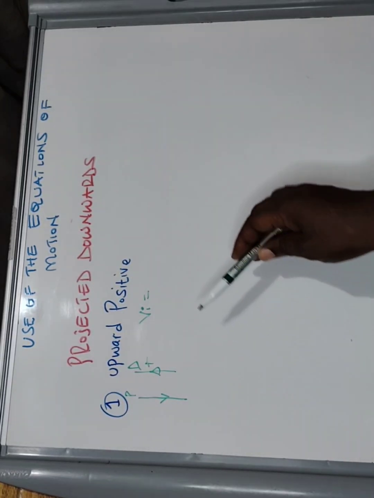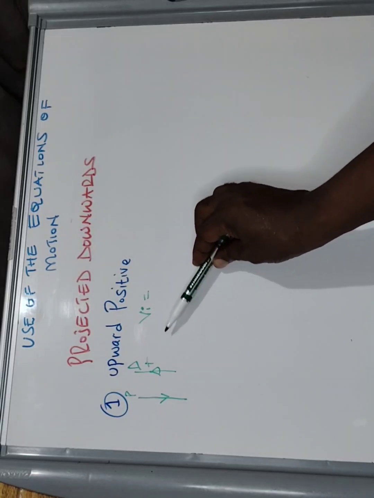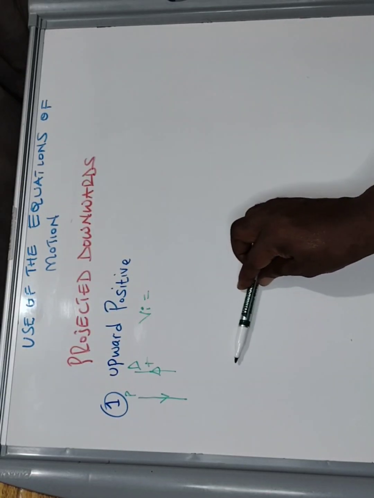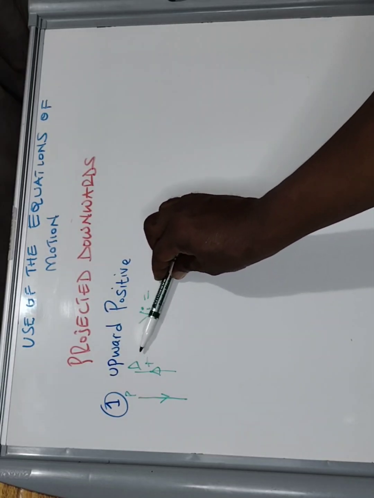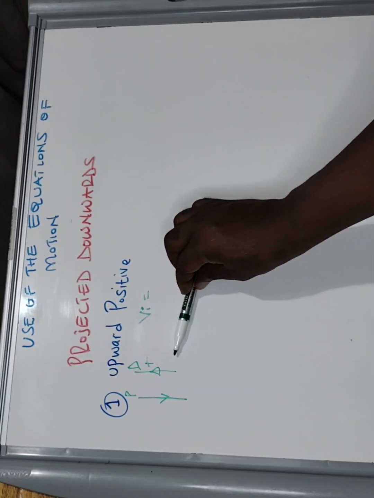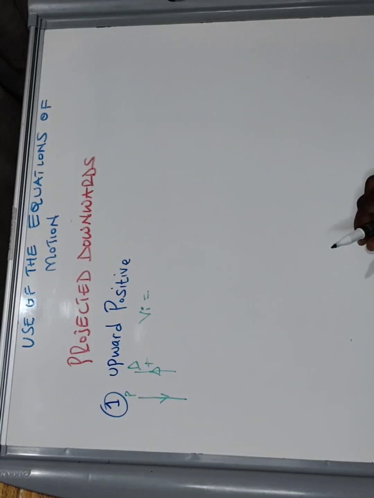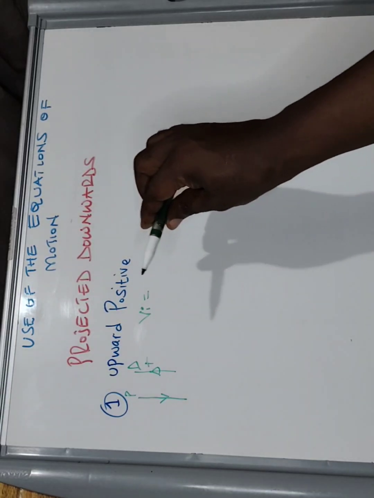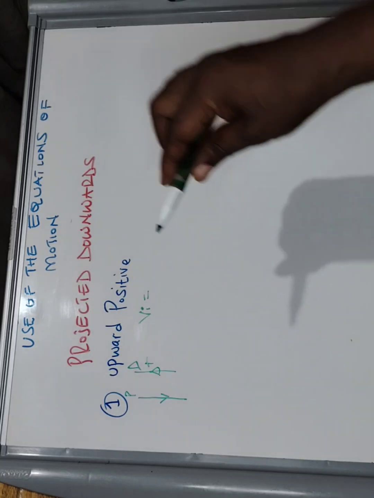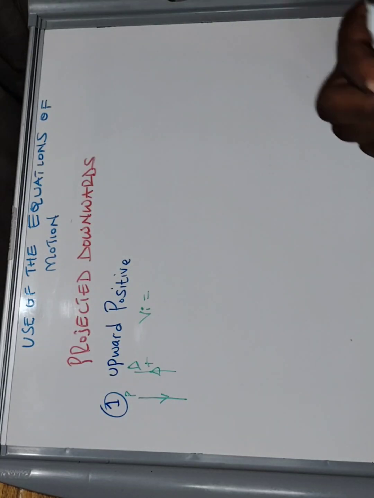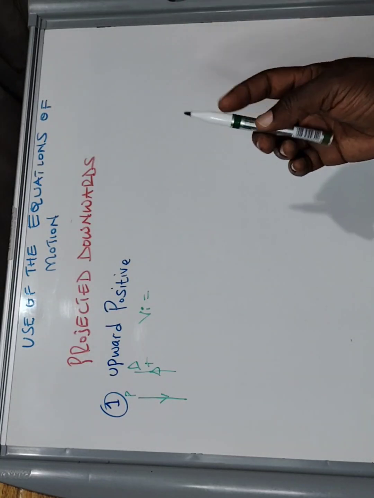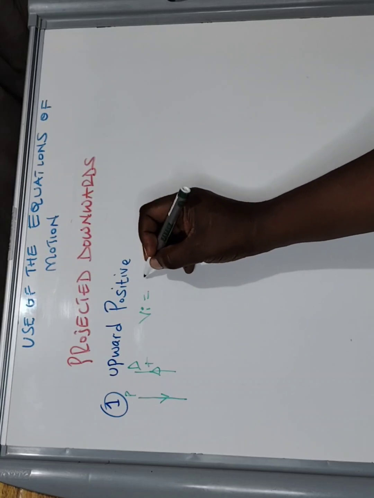Now you have to remember that the body is projected downwards, and we have taken upward as positive, which means that if the body is going downwards, it's going opposite to our direction, which we have chosen as positive. So the answer is going to be negative.